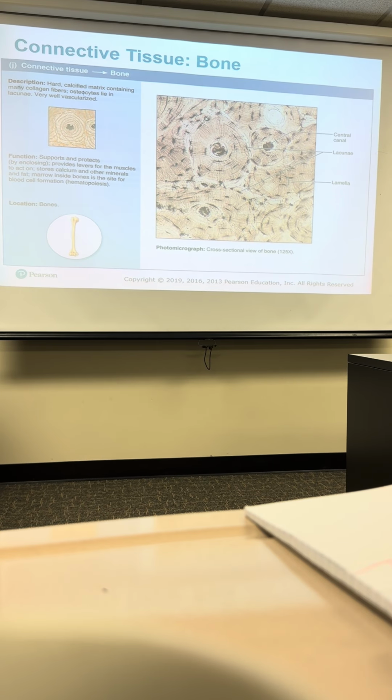Now let's talk about the bone. When you look at the bone, it's easy to understand because it is very different from other types of tissue. However, let me ask you a question. Do you think the whole circle right here is a cell?